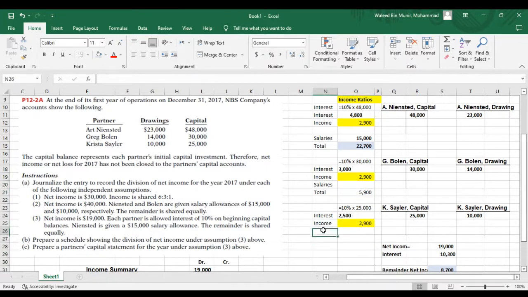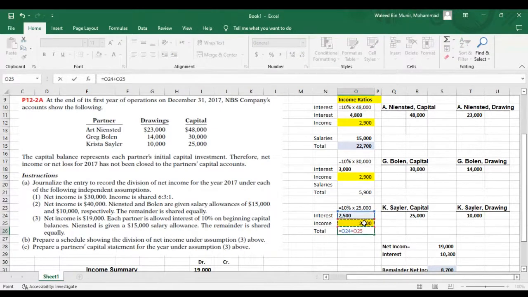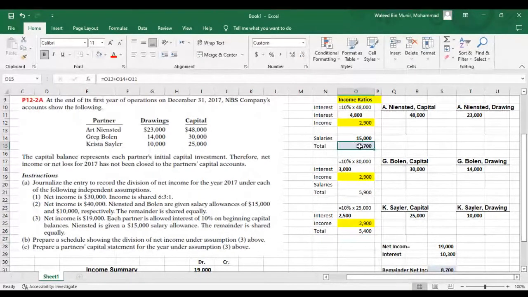And the last one, he will be getting interest and income. So for the first one, his total amount is this one. For the second one, this is his total amount. For the third one, okay, this highlighted in blue.